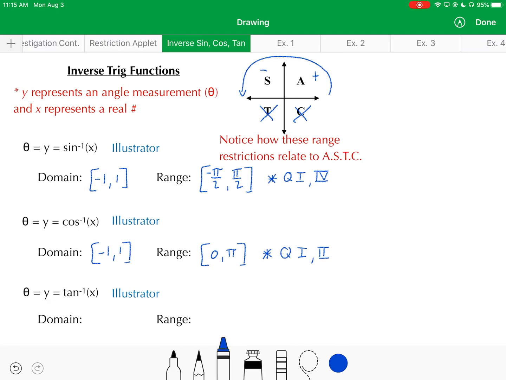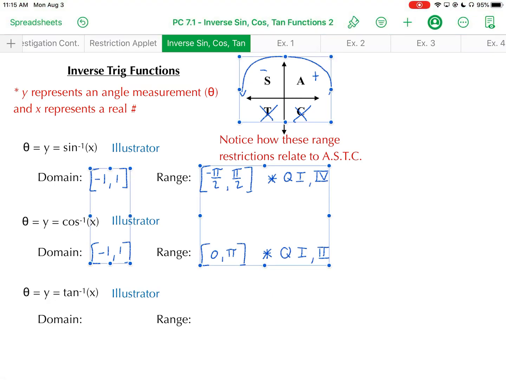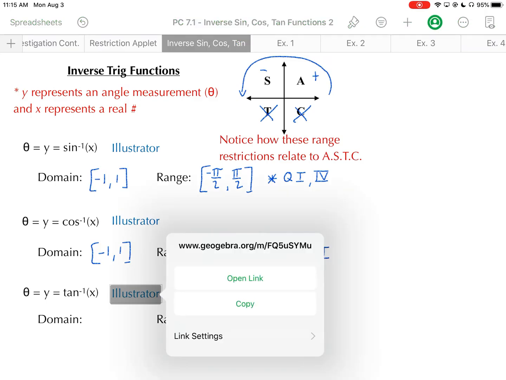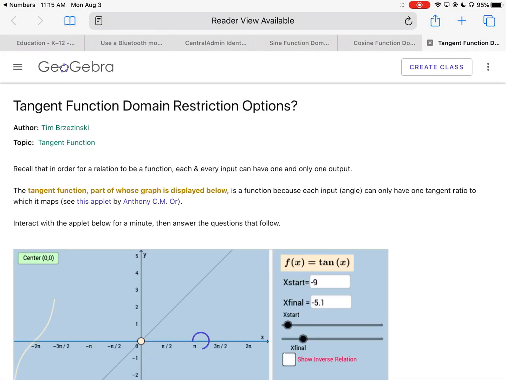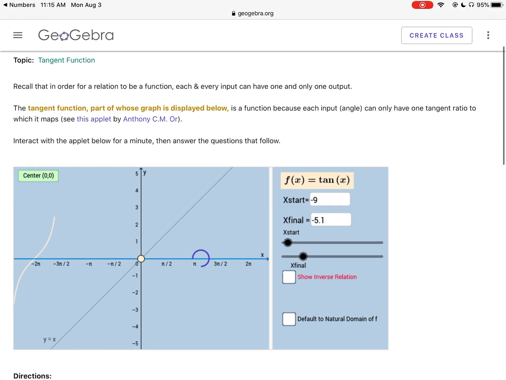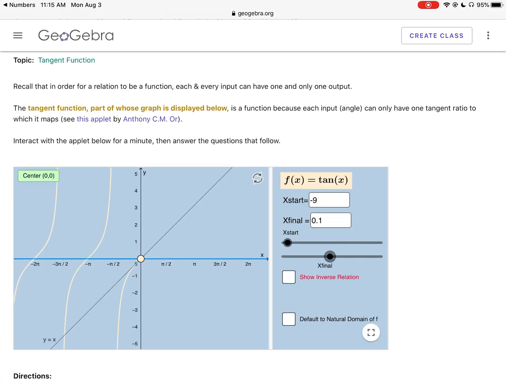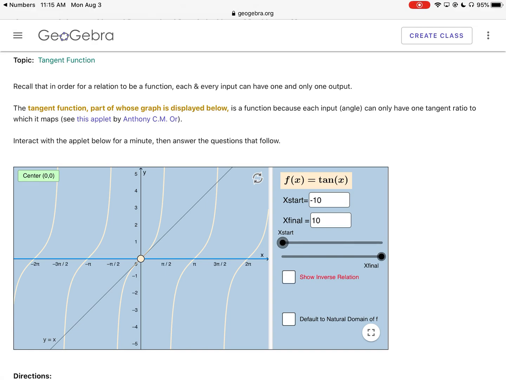All right, and then inverse tangent function. Okay, so here's the graph of the original tangent function, okay?